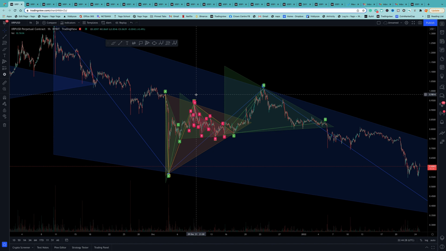The answer is no. Whether you use $10 or $1,000, when you have consistency and confluence, it doesn't matter. But if you don't have consistency and you don't have confluence, it matters a lot whether you use $10 or $1,000, because you're going to get wrecked. And REKT, in trading terms, wrecked, means you're going to lose money.